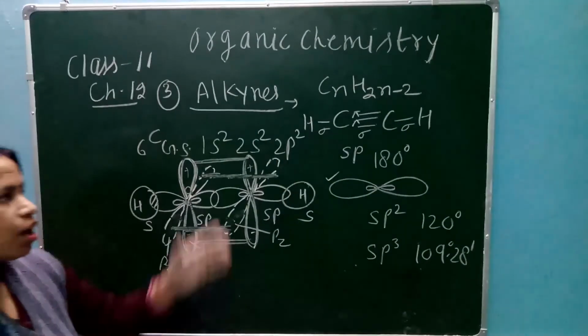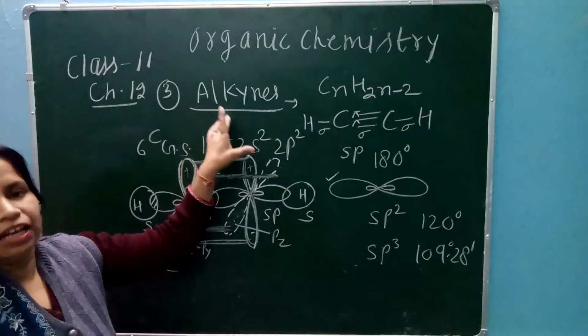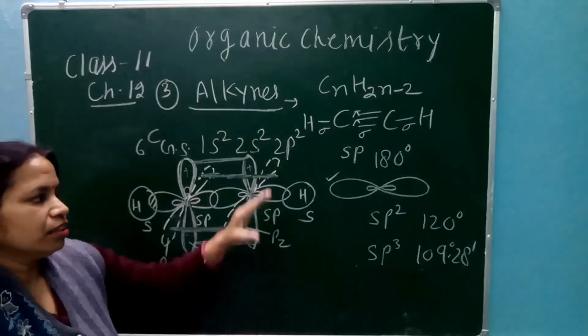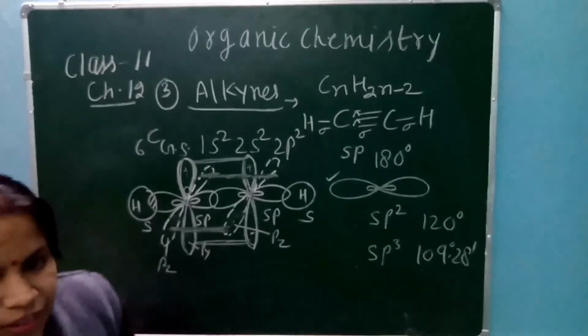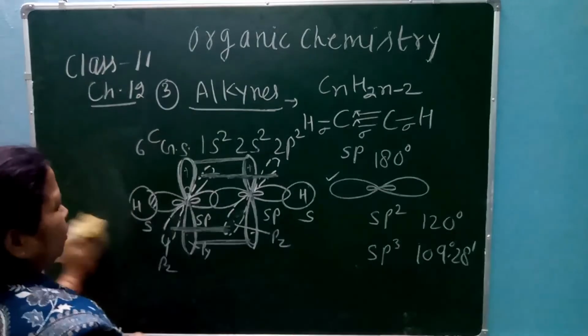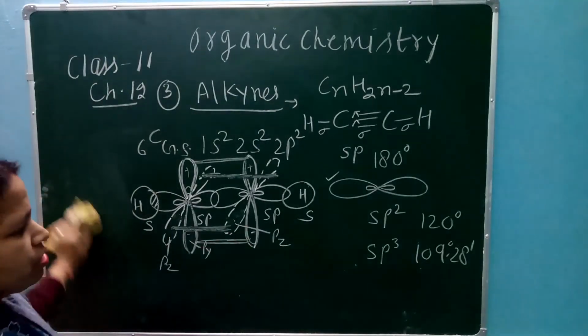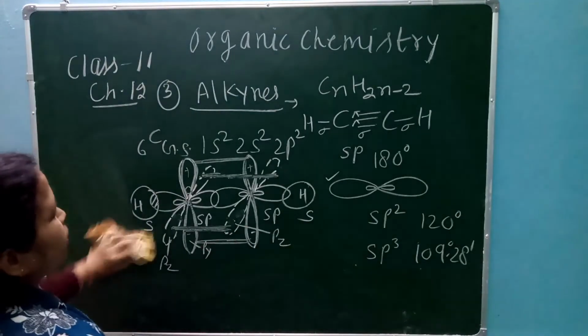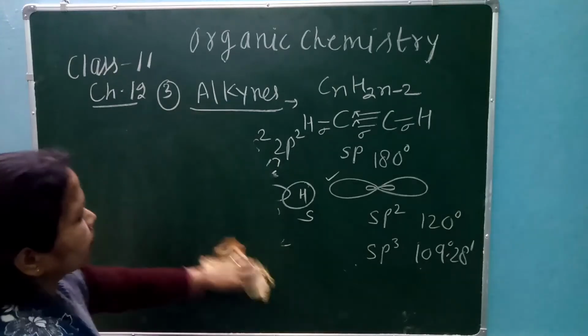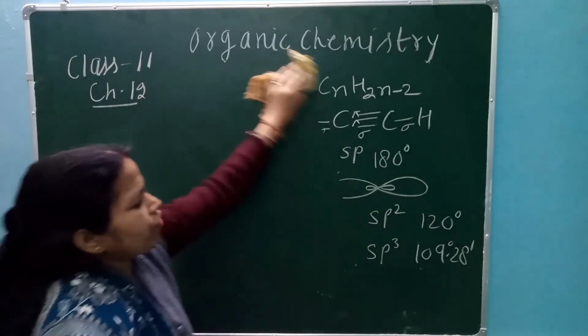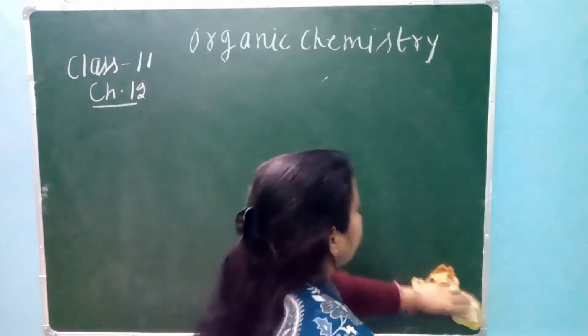Now it's clear how to form alkane, alkene and alkyne in this method. Let's see. Now write down these points. Next point, effect of hybridization.